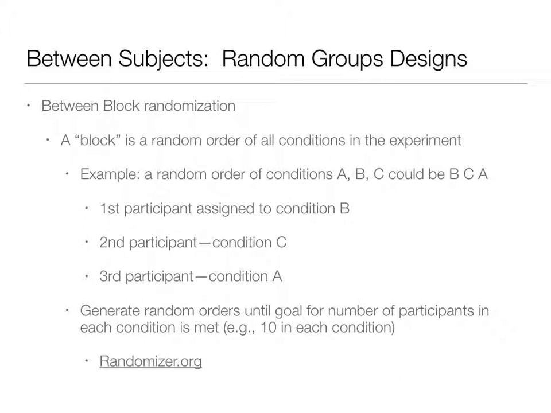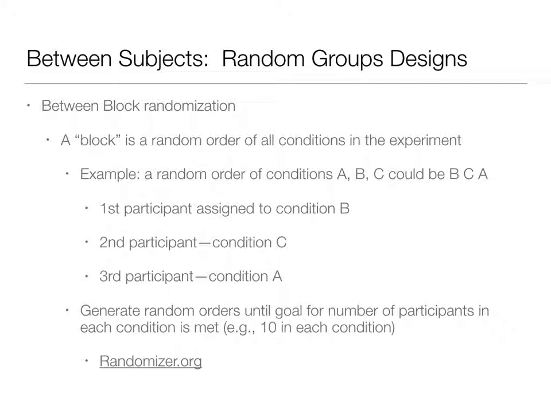Again, one of the ways that it's easy to do this is there's a website called randomizer.org, and it makes it very, very simple. You just say how many conditions you have, how many blocks you want, these sorts of things, and it will do it for you. So when I've done my research, that's traditionally how I've done it, is this block randomization. And that's a way to do this restricted random assignment.